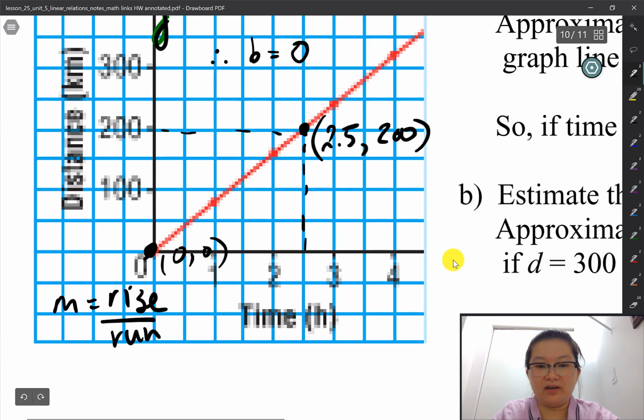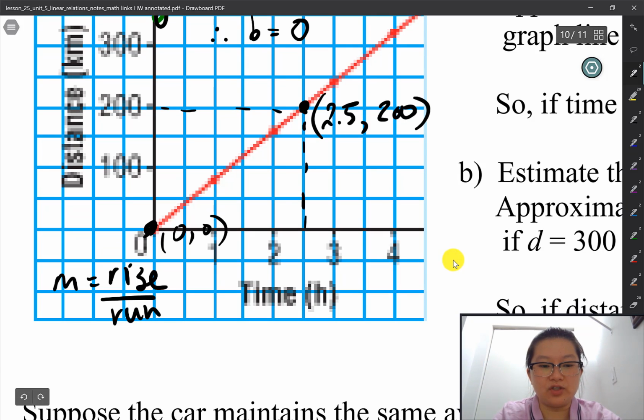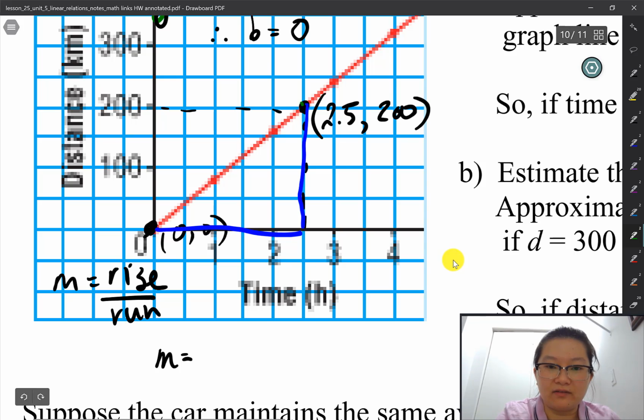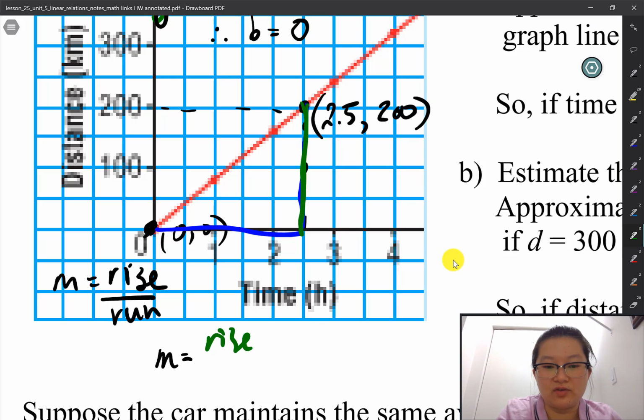So when I calculate my slope, which is rise over run, my rise is how far up I have gone with these 2 points. So imagine these 2 points, I draw a triangle, kind of like this. Then my rise is my green line right here. To find my rise, this is from the 0 axis all the way up to 200.